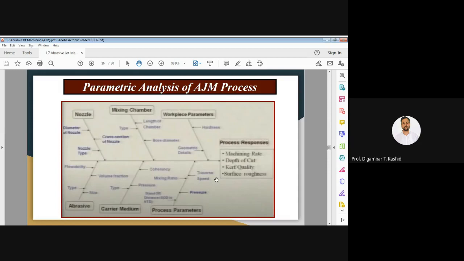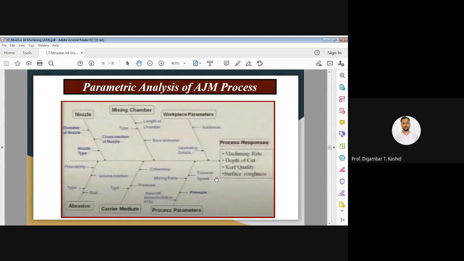Now these are the input parameters, but how can the performance of the process, especially the abrasive jet machining process, be evaluated? Here I have mentioned that machining rate is one of the responses for evaluation of the performance of your process. The machining rate may be a volumetric machining rate or mass machining rate.